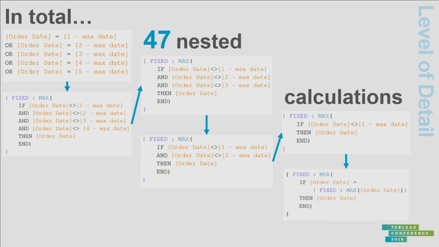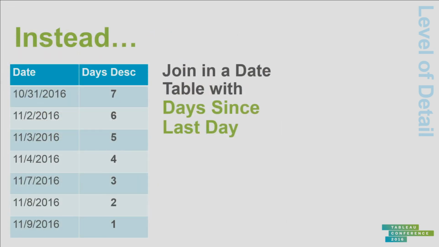So instead, how we ended up solving this problem for the customer was to join in a date table with days since last day. So this just requires a bit of SQL in terms of checking if there was an entry and then storing a days descending field, which is just a counter.